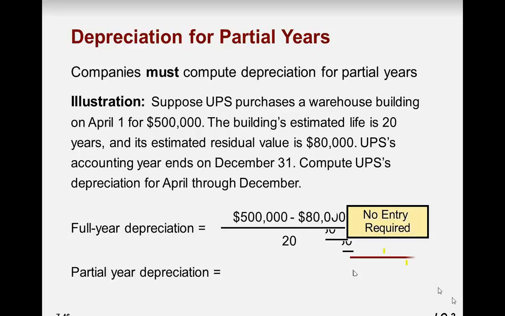The equipment cost of $510,000 minus its accumulated depreciation of $350,000 gave us a net book value of $160,000, and then we are going to spread that over the remaining 8 years, from year 7 to year 15. So 155,000 divided by 8 means we would depreciate 19,375 per year.